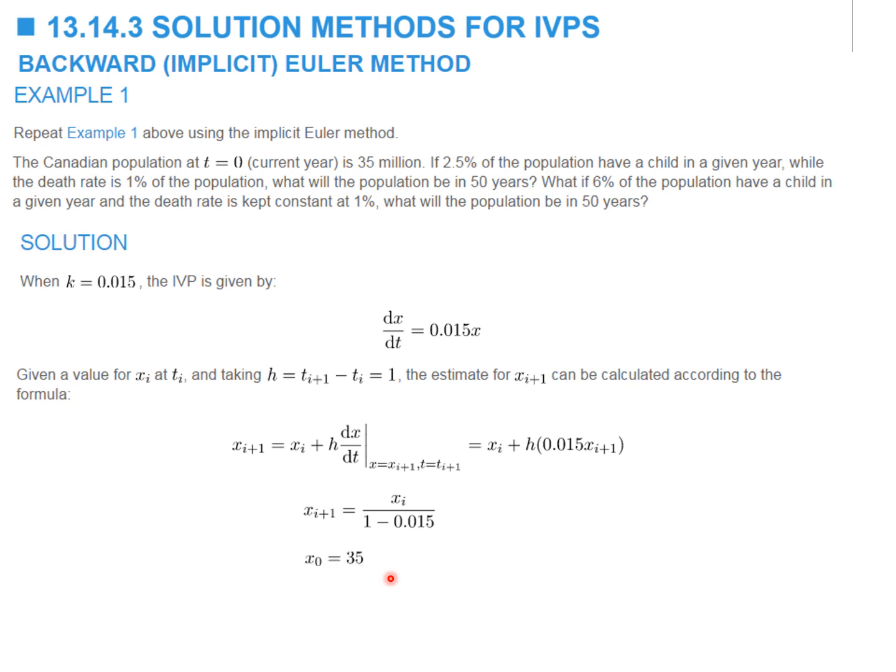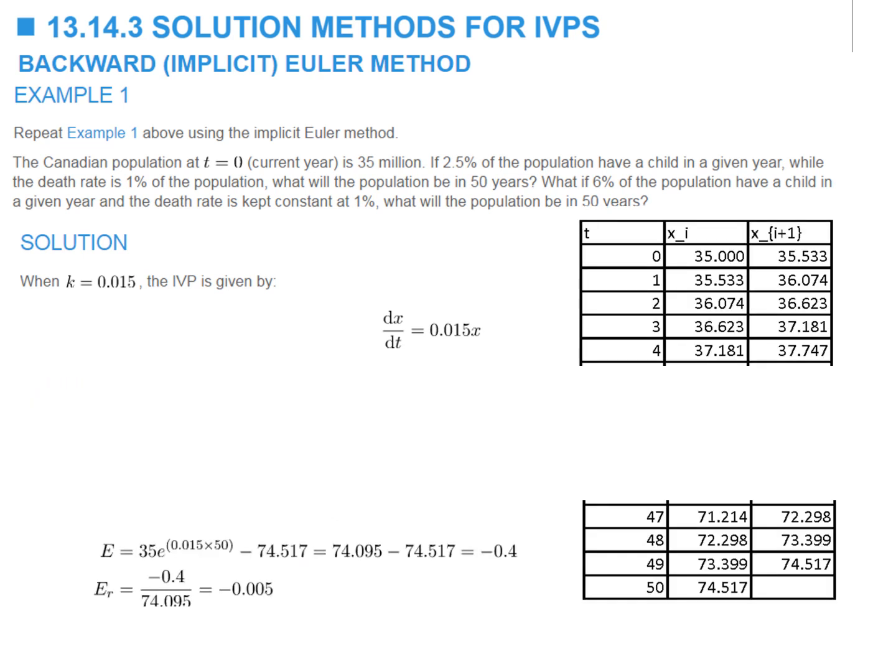Initially we have x0 is 35, x1 is 35 divided by 1 minus 0.015, which will give me 35.533, which means that the population after 1 year should be 35.533 million. After 2 years, the population will be 35.533 divided by 1 minus 0.015, 36.074 million, and so on.